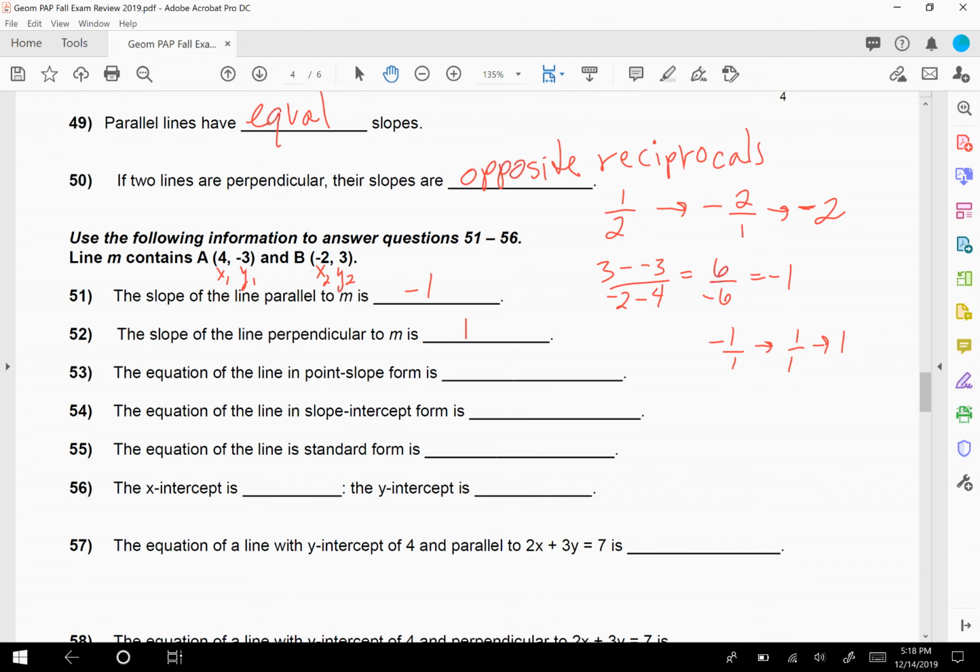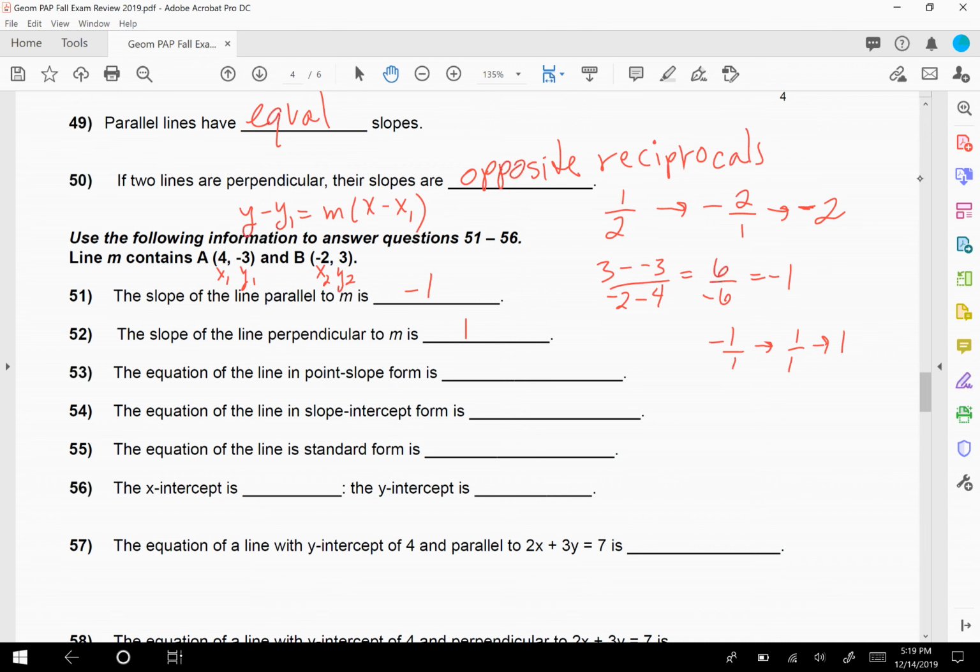We've already figured out the slope, the original one that we found. Remember, point-slope is y minus y1 equals m times x minus x1. You could use point A or point B, it doesn't matter because they're both on the line, so the equation you write for them is going to be the same.